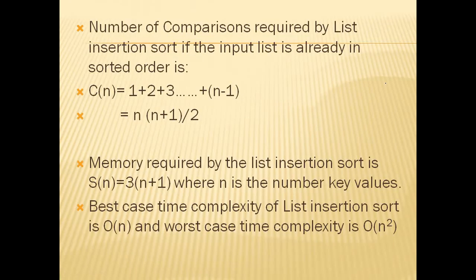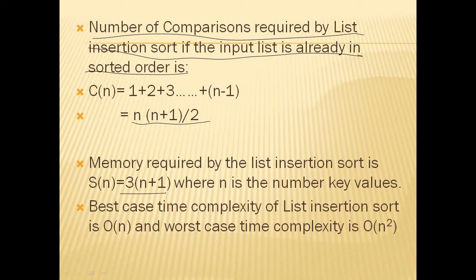Now we go to some examples, and here we have some formulas. The number of comparisons required by list insertion sort, if the input list is already in sorted order, is n into n plus 1 by 2. The memory required by list insertion sort is 3n plus 1.